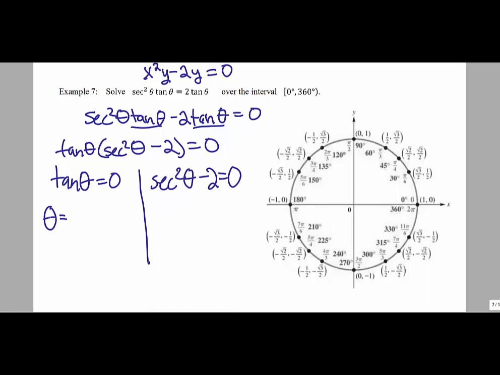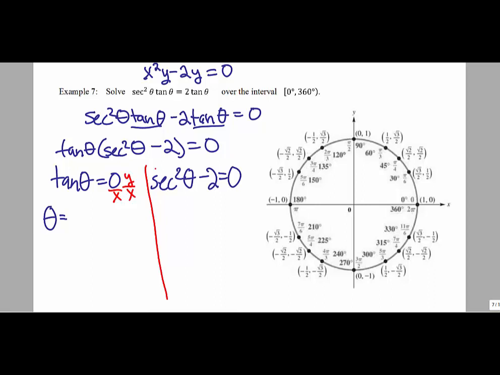Tangent of some angle equals 0. Well, remember that tangent is y over x. In order for that fraction to be 0, what would have to be 0? Well, in order for y over x to turn out to be 0, it doesn't really matter what the x value is. We're looking at something that has a y value of 0.